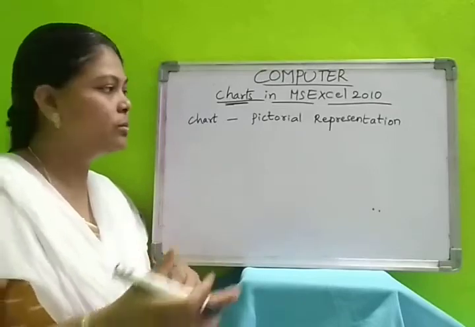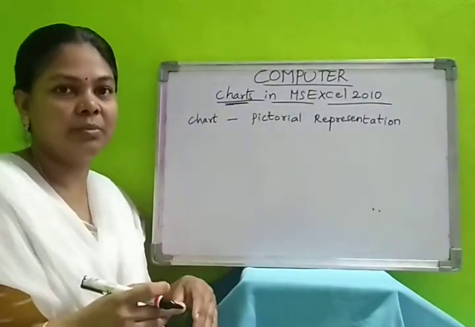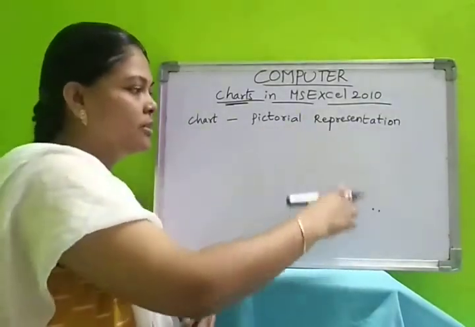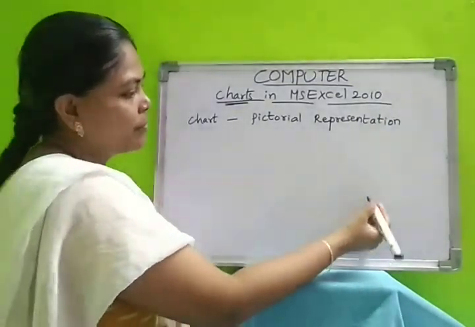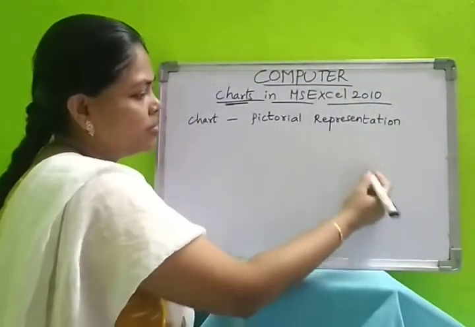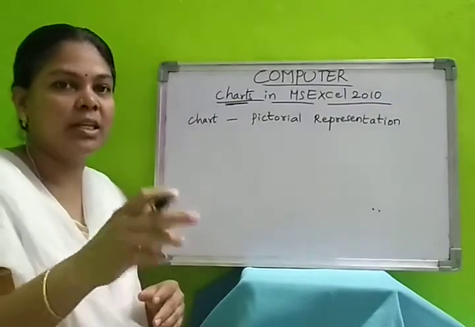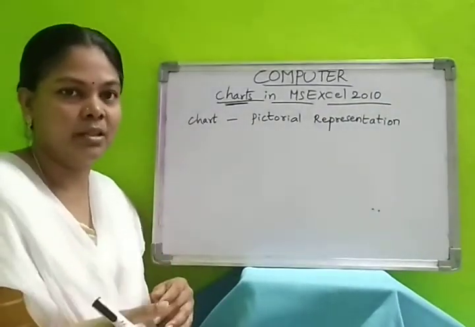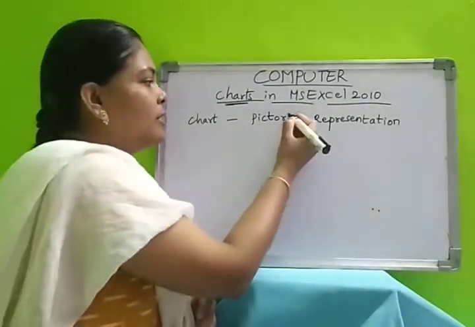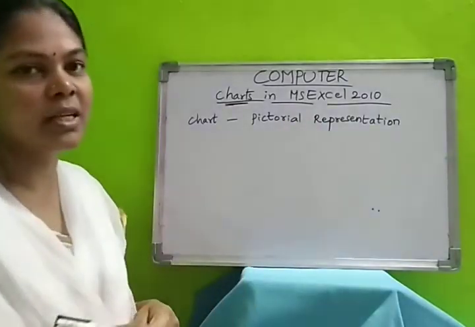To compare those two, they will select these pictorial representations, these charts, so that they can know in which year they got more profit and in which year they got less profit. Like that they can compare. So to compare values, these charts are inserted.